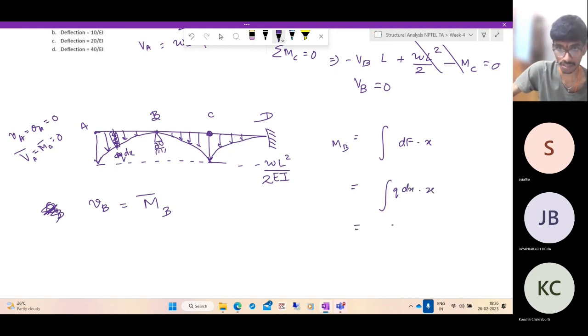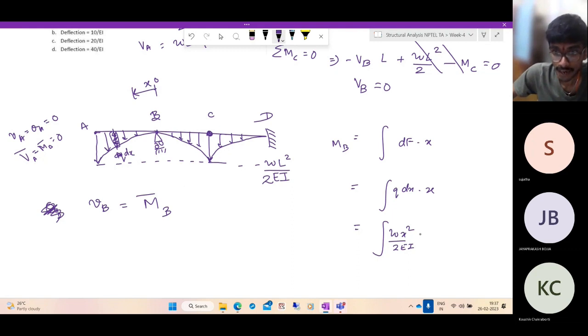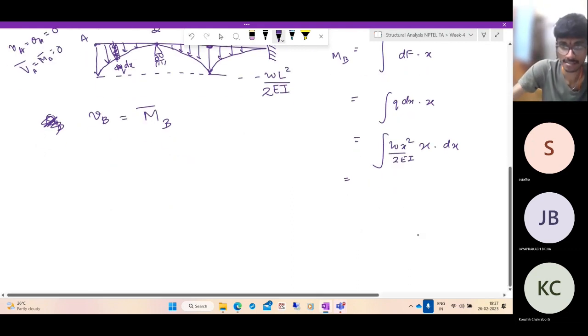But what is Q in this span? If I put the origin here, Q is nothing but W x square by 2 EI. So it is integral of W x square by 2 EI into x into dx.